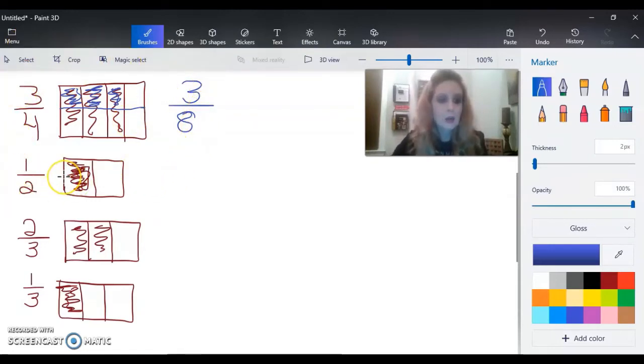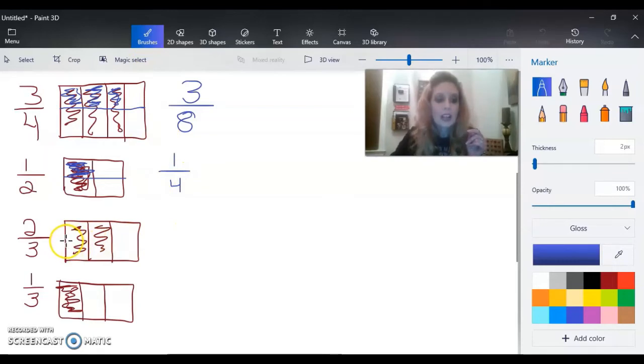Okay, let's take a look at 1/2. If I just drew a line cutting that whole thing in half, I now have 1, 2, 3, 4 total parts. I'm only concerned with the part I've colored in, so 1, 2 parts colored in. I need half of that. If we colored in one of those, it would just be 1/4.